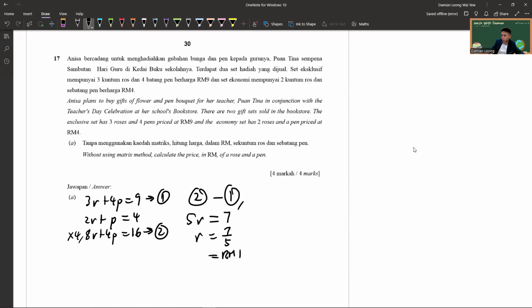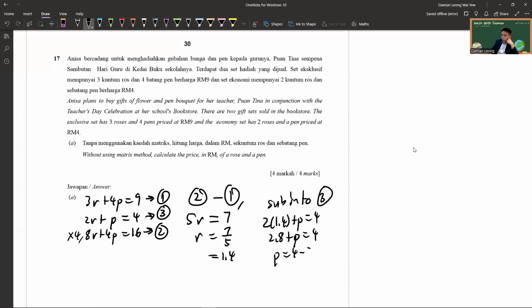Means 1.4. 1 ringgit 40 cents. Okay, I put 1.4 first. Sub back into, let's say this one, equation 3. 2 times 1.4 plus P equals 4. 2.8 plus P is 4.